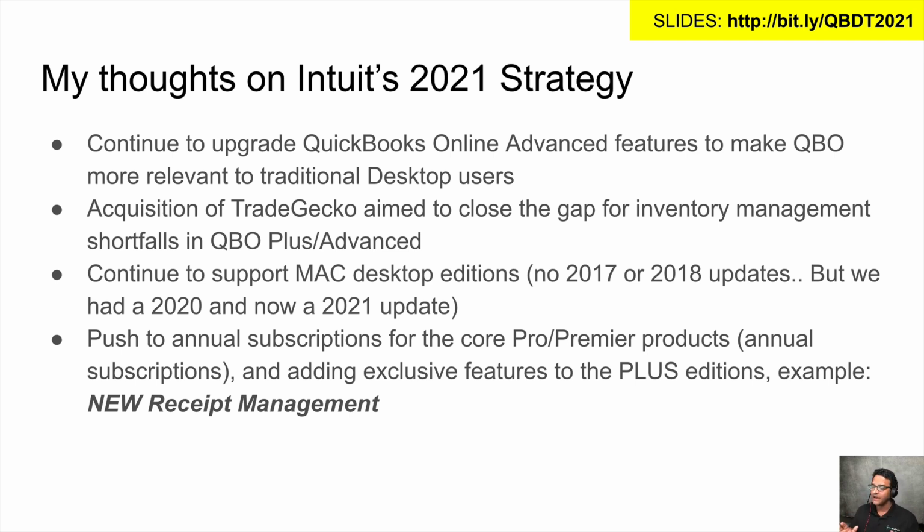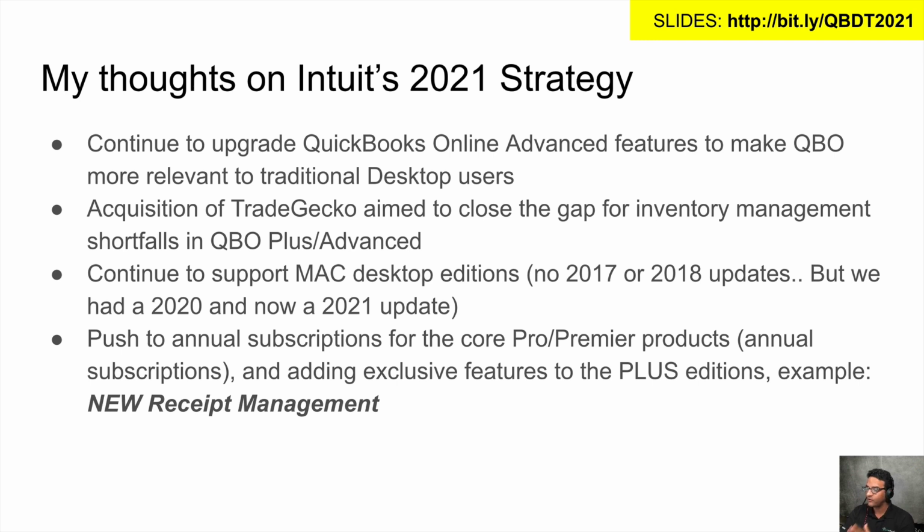That is a thing. You can still buy permanent licenses for it, but you're gonna see the push, or they're gonna sell or offer the Plus product first. And one of the ways that they'll kind of dangle that carrot in front of the end user is they're gonna take their sexiest new feature for QuickBooks 2021, which is a new mobile-driven receipt management feature, and only add that to their Plus SKU.